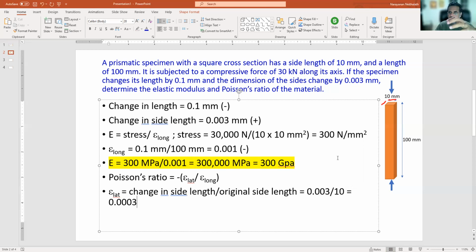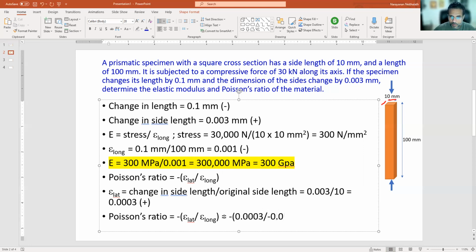Is it positive or negative? When you're squishing, the sides are increasing. Therefore, the lateral strain is positive, 0.0003. Now Poisson's ratio is simply this ratio, which is equal to minus, what is my lateral strain? Plus 0.0003 divided by, what is my longitudinal strain?